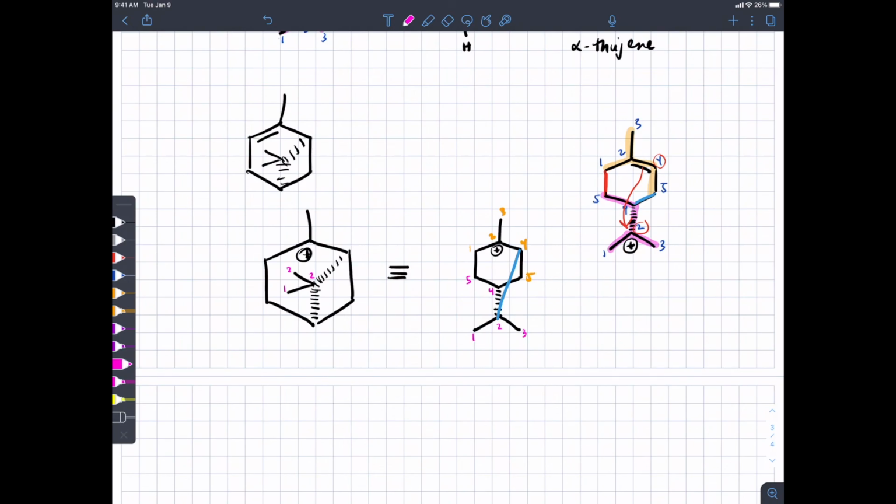One, two, three, four, five. And then to get to pinene, we just remove a proton adjacent to the positive charge, and that gets us there. Okay, so lots of fun.